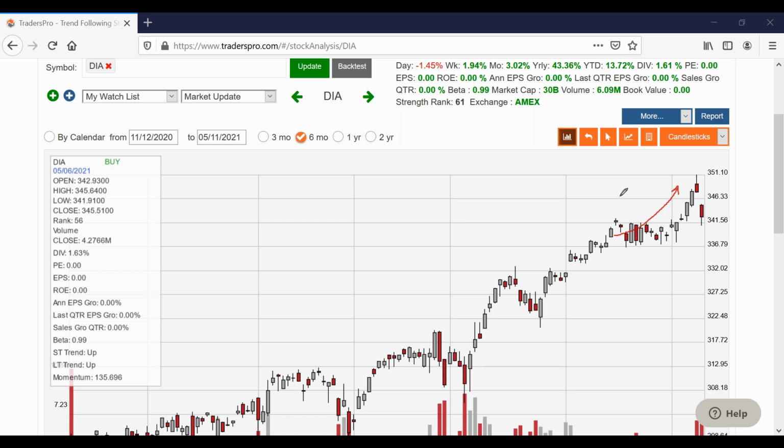We had a gap up right here on Monday. Here's where it opened. It rallied up to an extreme right here. Everyone's talking about how the Dow's moving higher again today, and then what did it do? It reversed. It sold off. Ended up closing lower than where it opened. That's a bearish reversal. Not surprising we dropped down from here.